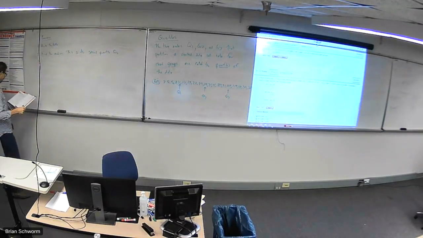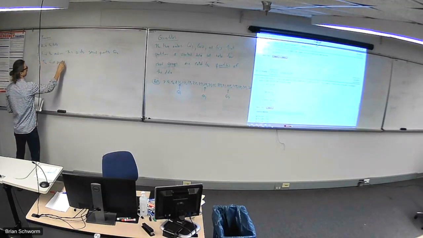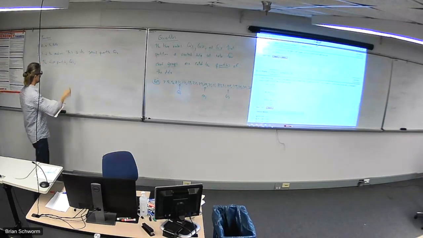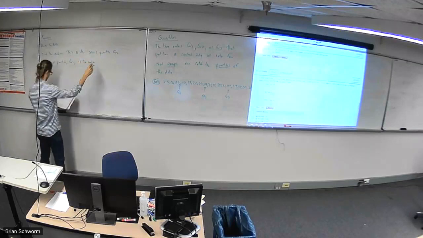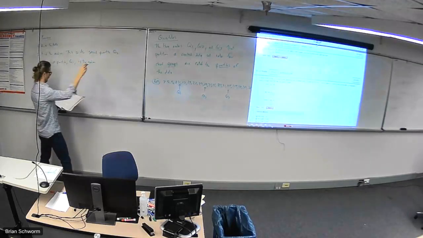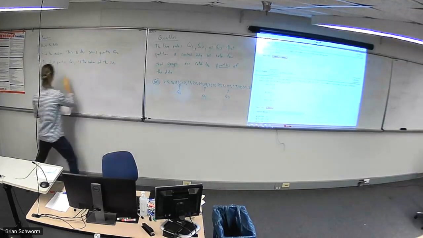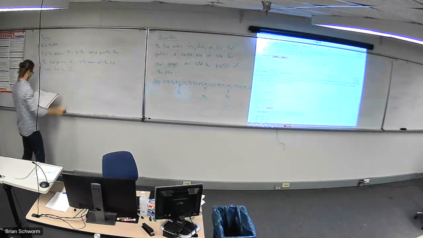Step 3, first quartile. Q1 is the median of the data values less than Q2.